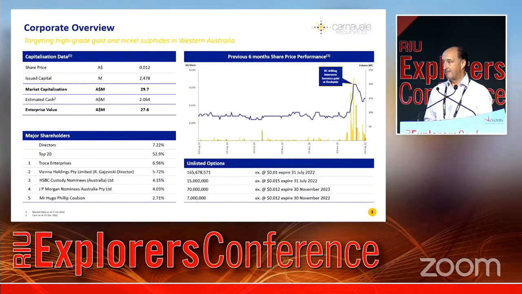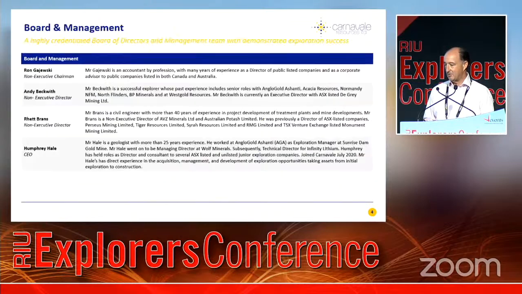And you can see a nice jump up in the share price as a result of our drilling at Kukani, and I'll go through that shortly. So we have a current market cap of around $30 million, and we shall move forward.